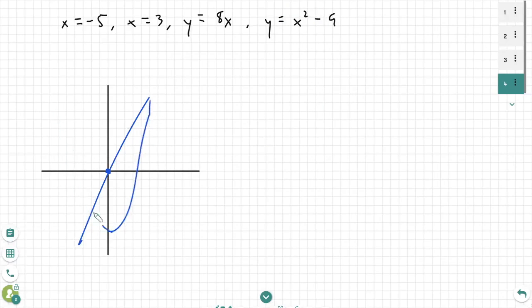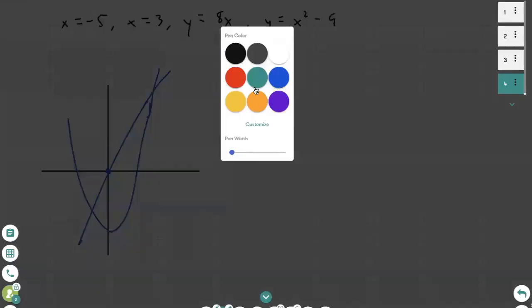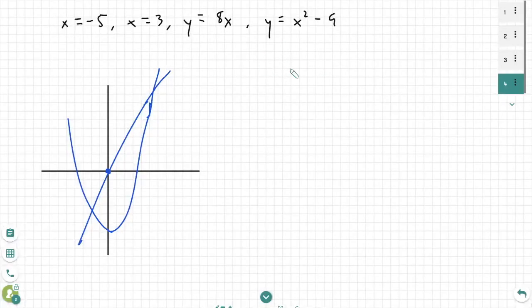Okay, and then do you know what area we're trying to find? I guess we can just double check and see what these intersections are. So let's set these equal to each other first. So then what do you get? Oh, so it's x squared minus 8x minus 9 equals 0.